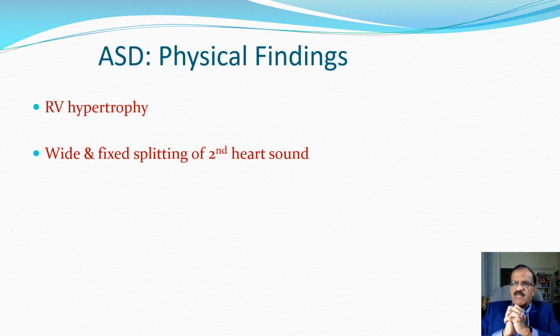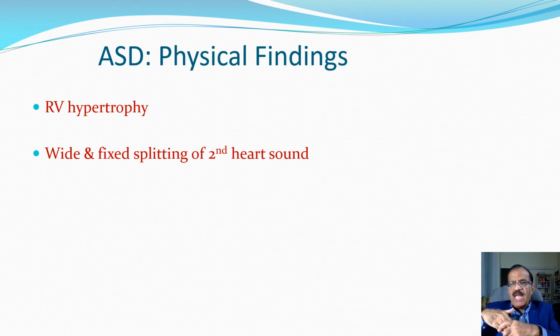Now, what happens when we take a deep breath in a normal person? When we take a deep breath, the pressure in the chest becomes negative. That means more blood is sucked into the lungs, so there is more blood coming to the right side.